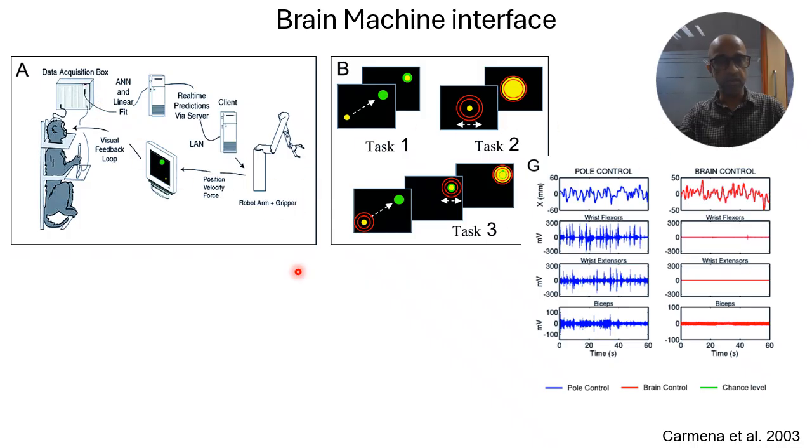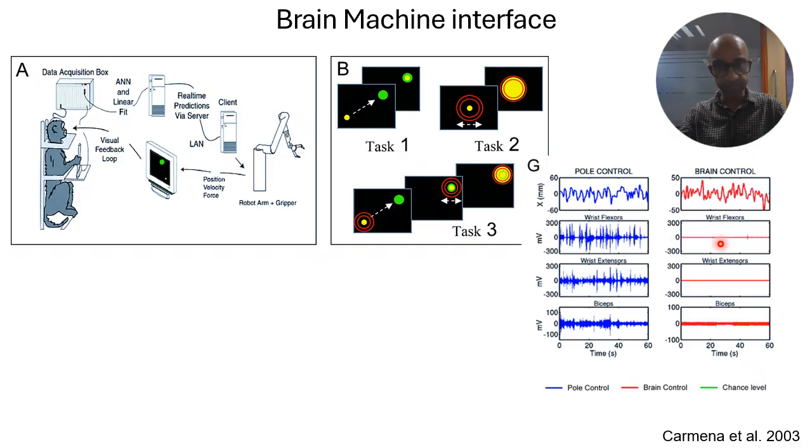The monkey thinks it's performing the task by moving the joystick, but actually the monkey is performing the task by creating certain activity in its brain that gets interpreted by this neural network as a moving and grasping task, right? And then finally the monkey literally just figures out that, you know what, I don't need to move that arm any longer.